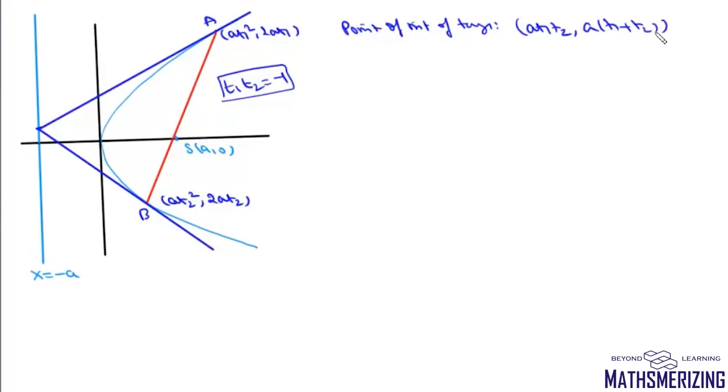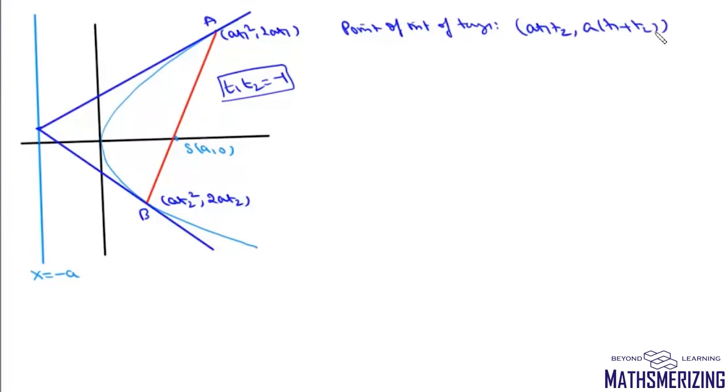Now we'll consider this other chord which is Q1, Q2. So suppose this is Q1, Q2, and suppose it is inclined at an angle beta. So we know that L2, which is Q1, Q2, should be 4a cosec square beta.